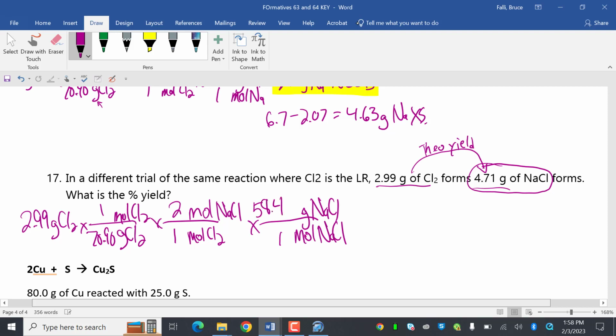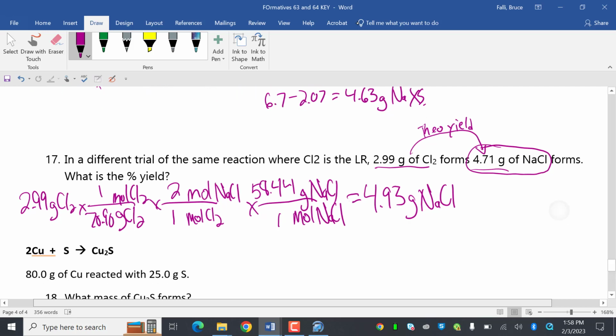So when I add up 22.99 and 35.45, I get 58.44. And then I use my calculator. 2.99 divided by 70.90 times 2 times 58.44 is 4.93 grams of NaCl. Now that's my theoretical yield. That's not the percent yield.